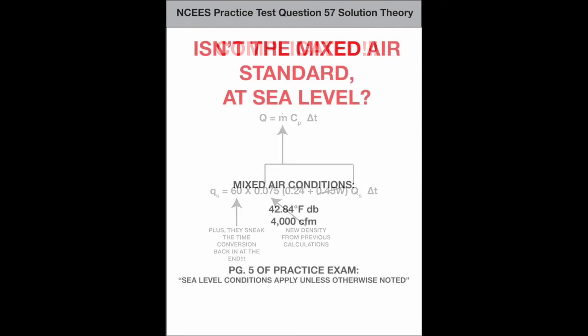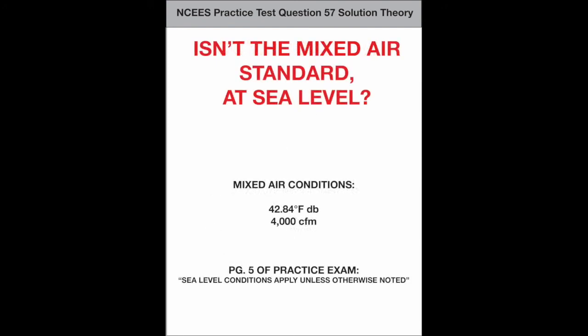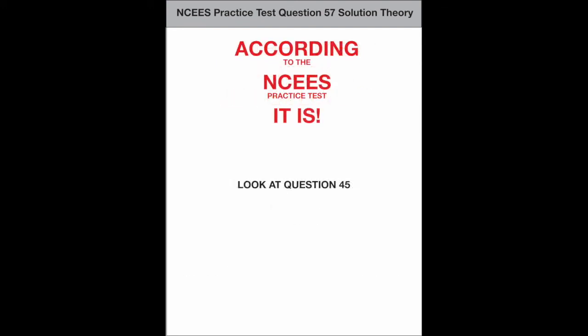But ask yourself, is the mixed air standard air at sea level? It sure seems to be. Even the NCEES admits it's standard if you look back at our old friend question 45. All the temperature ranges and flows in 45 encompass the temperature range and flow of the mixed air in question 57.